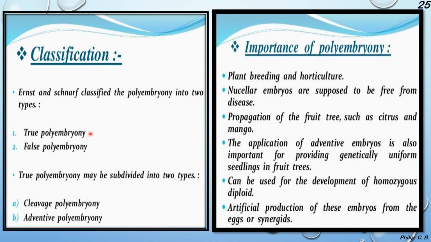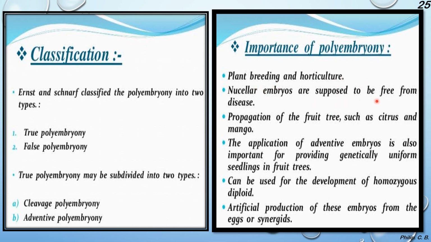Then just a few more additional pieces of information. Ernst and Scharnoff classified polyembryony into two types: true polyembryony and false polyembryony. True polyembryony can be further divided into two types: cleavage polyembryony and adventive embryony. So what is the importance? Plant breeding, horticulture.